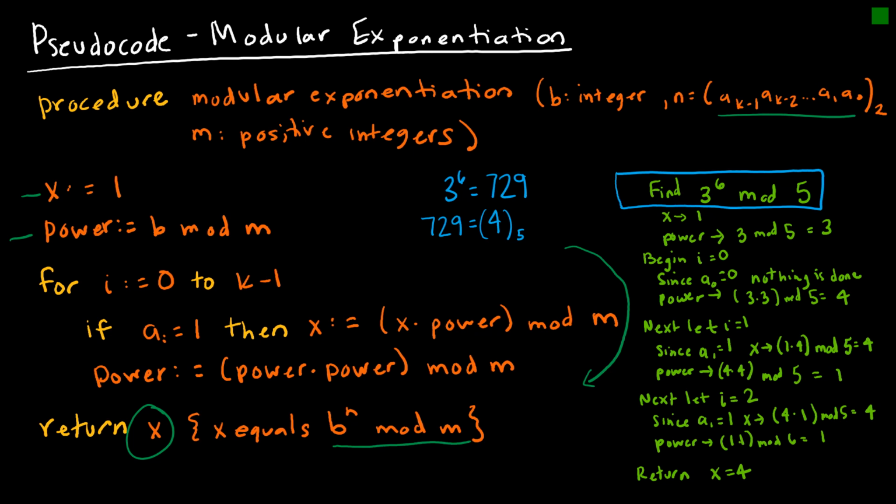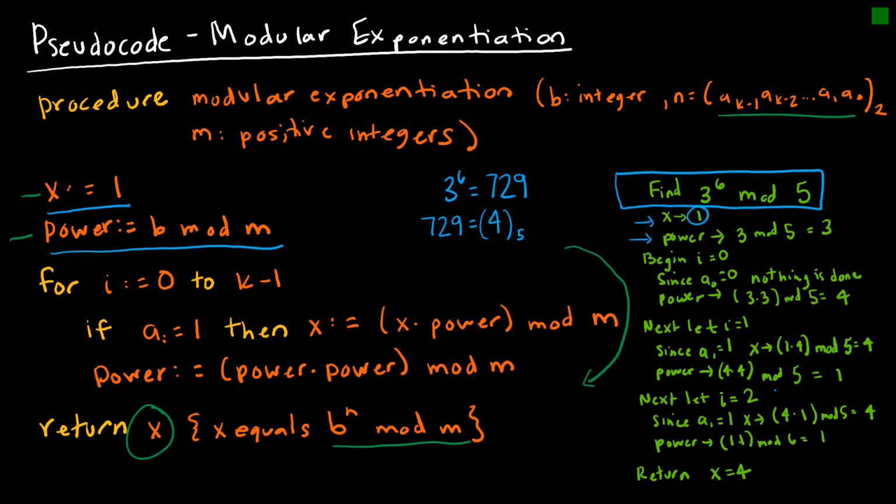So let's take a look at the step-by-step in case you're still struggling a little bit with the pseudocode. What this tells us here is that x starts at 1 and the power starts at b mod m. So notice here I've written that x begins at 1 and the power begins at 3, which was my base, mod 5. And 3 mod 5, obviously if I took 3 divided by 5, that would be 0 with a remainder of 3.